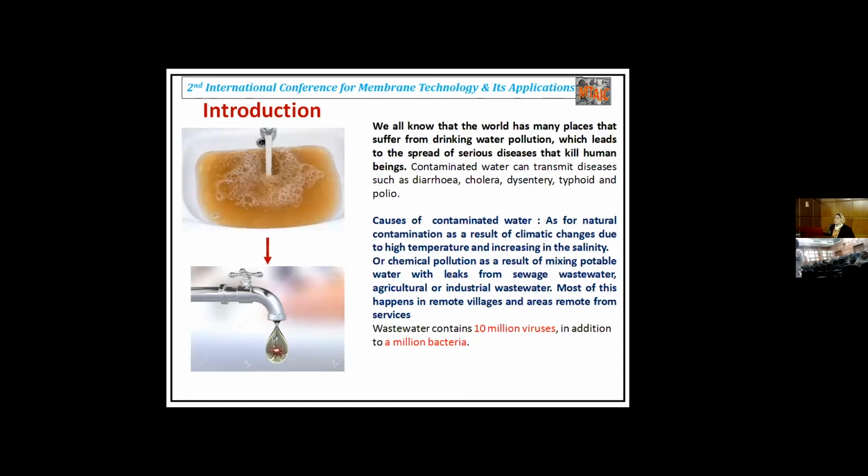Contaminated water may result from natural contamination like climate change due to high temperature or increasing salinity. Another kind is chemical pollution, as a result of mixing potable water with leaks from sewage wastewater, agriculture or industrial wastewater. Most of this happens in remote villages and areas remote from services.